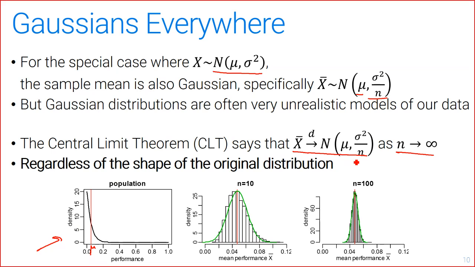So what this is telling us is that regardless of what this distribution looks like in the population, as we increase the sample size, the distribution of the mean is going to get closer and closer to a normal distribution. And this is going to allow us, therefore, to make assessments of the random error and what to expect of the random error for any given experiment, regardless of what the original data looks like.